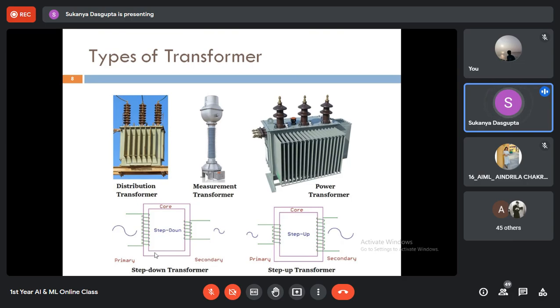So you will understand this a little bit more when you study the equation of the transformer. But for the time being, just learn that depending upon the number of turns, the level of voltage can be increased or decreased at the output side or secondary side of the transformer.